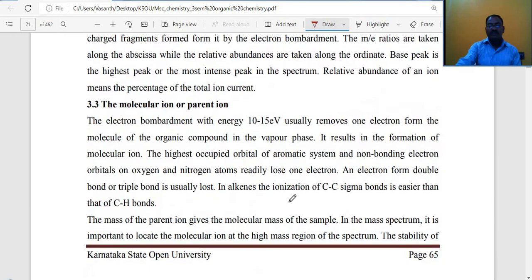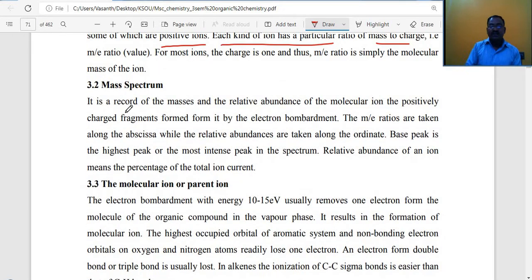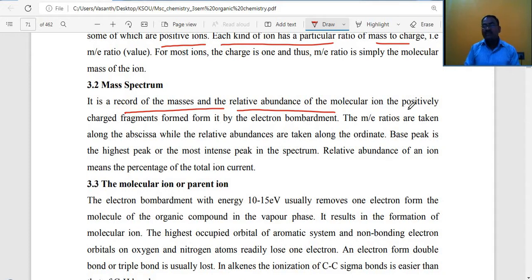The mass spectrum is the record of the masses and relative abundance of the molecular ion and the positively charged fragments formed from it by electron bombardment. The m/e ratio is taken along the abscissa, while the relative abundance is taken along the ordinate.